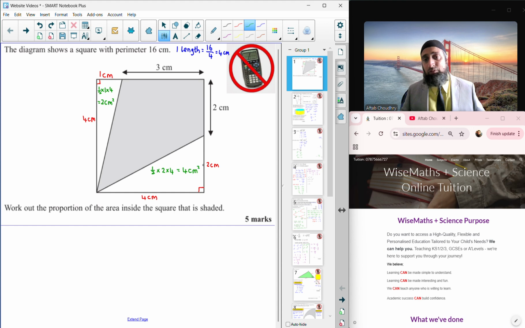Therefore, now to work out the shaded part, the area of shaded is equal to the total, which will be 4 times 4, which is 16, minus the area of the two triangles, so that's the sum of 2 plus 4.